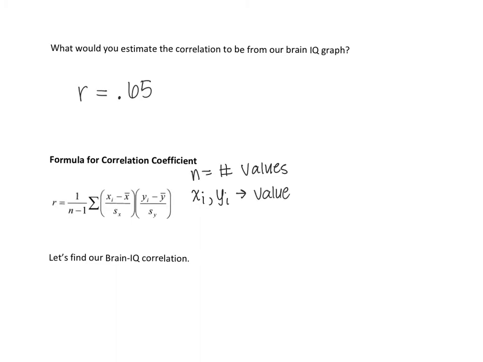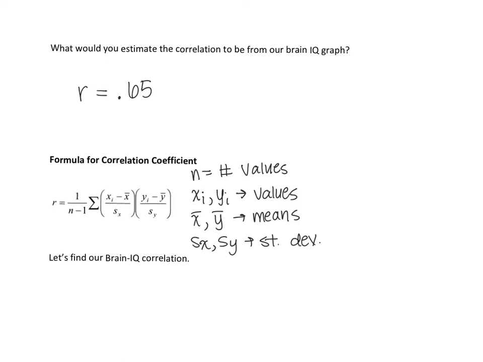In our example with brain and IQ, Xi would be our brain size values and Yi would represent all of our IQ values. X bar and Y bar are the means for your data set, and Sx and Sy are the standard deviations for each of your data sets.